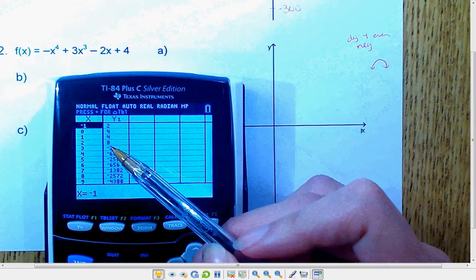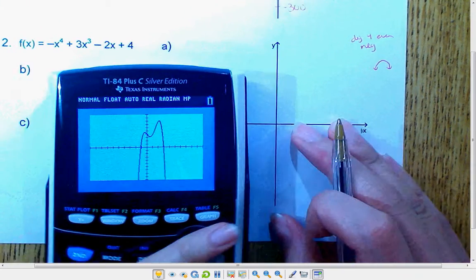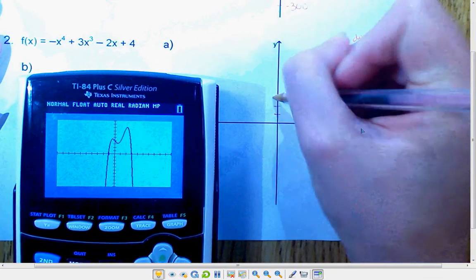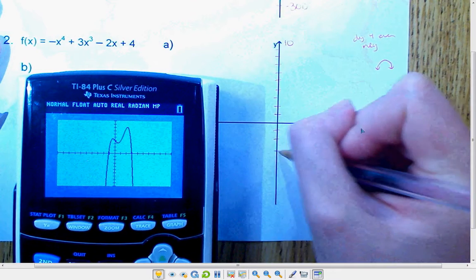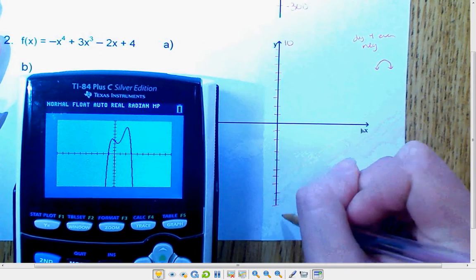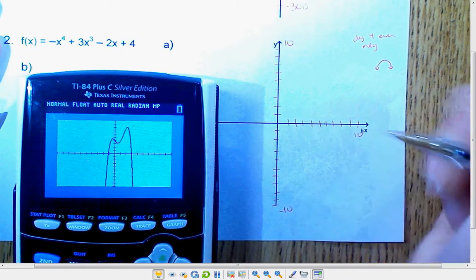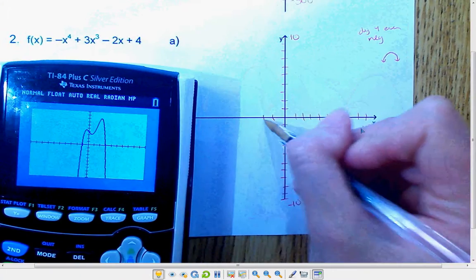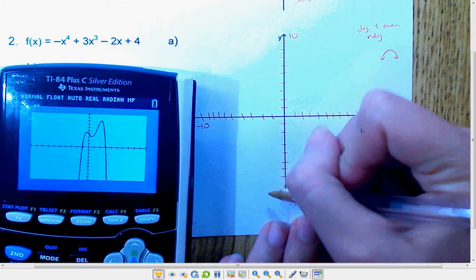So 8 is actually your biggest number it reaches here. So 10 is fine. Here's our graph. We're going to use it to draw 1, 2, 3, 4, 5, 6, 7, 8, 9, 10. So it's 10 in both your x's and your y's. And let's sketch it.